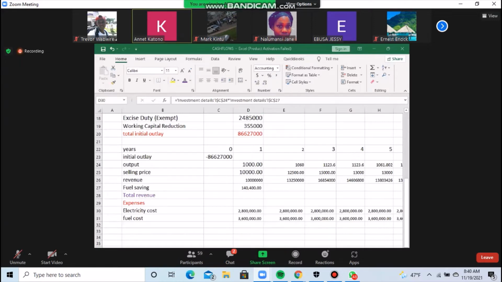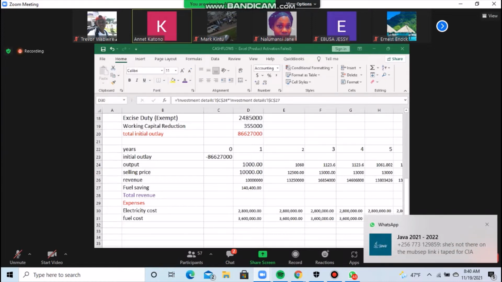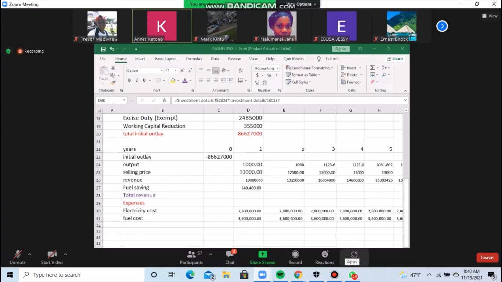The question is telling us that the monthly fuel saving is expected to be 3.9% etc. And then the fuel costs are expected to be 300,000 per month. They've not told us quarterly, but per month. Electricity is on a quarterly basis, but fuel costs are paid on a monthly basis.